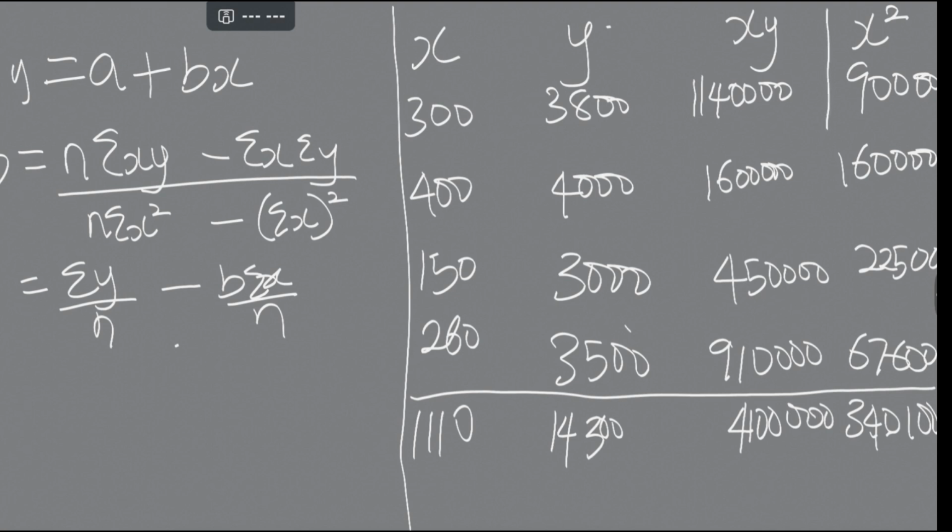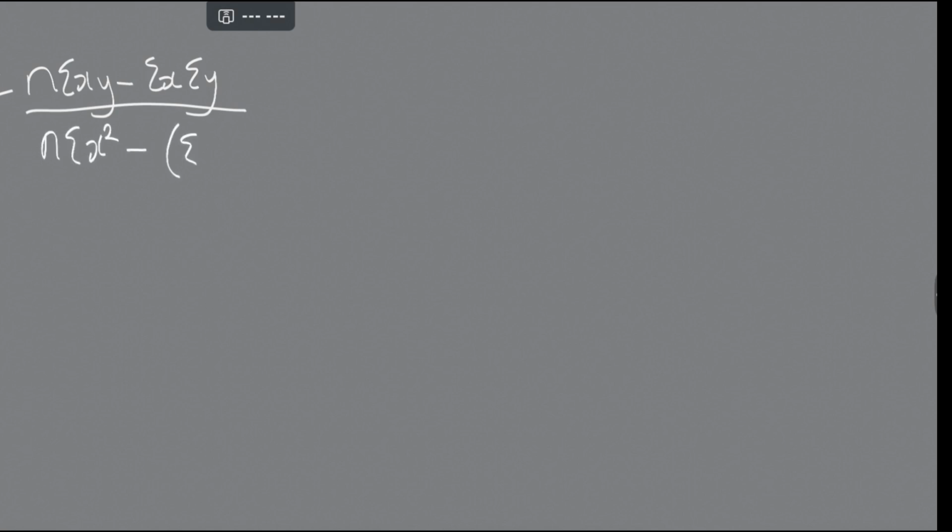Okay, just to make it easy so we don't mix it up, we've already settled our table. So now we have to get the b using our equation. b equals n summation xy minus summation x summation y, divided by n summation x squared minus summation x all squared, right? n now is the number of months or the number of periods, and from the question we have 4 months, so our n is 4.